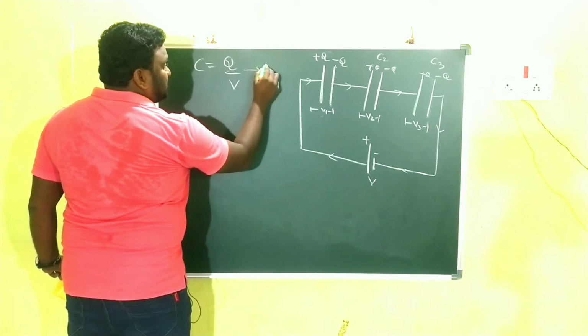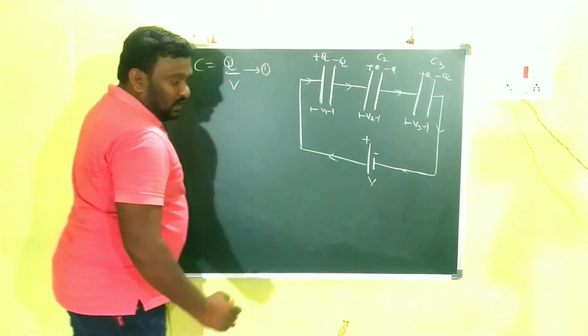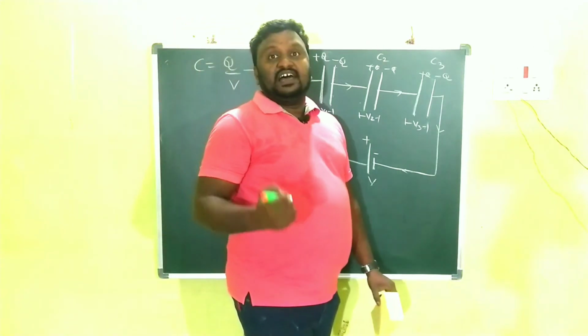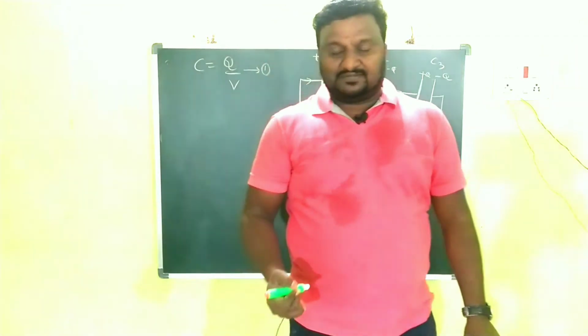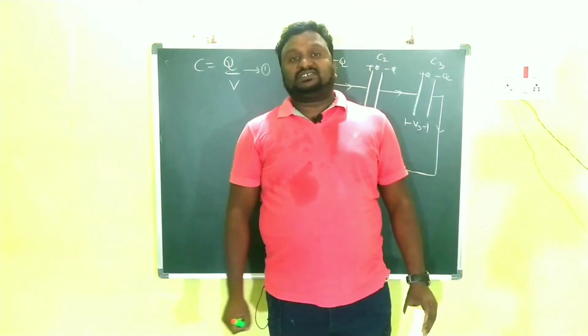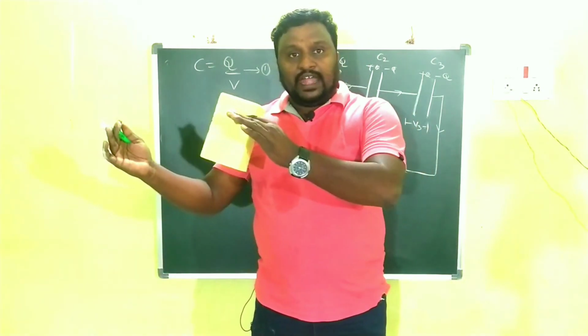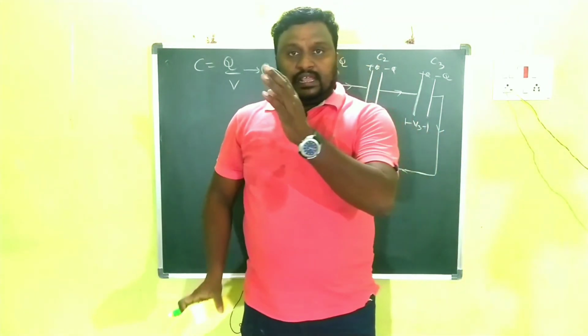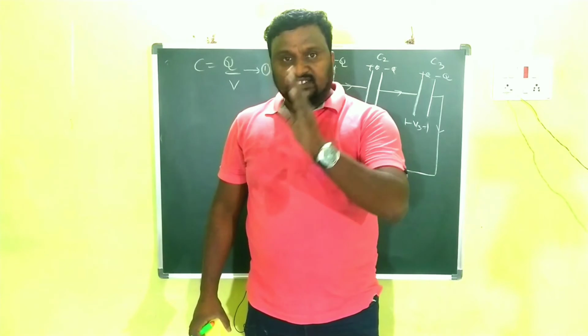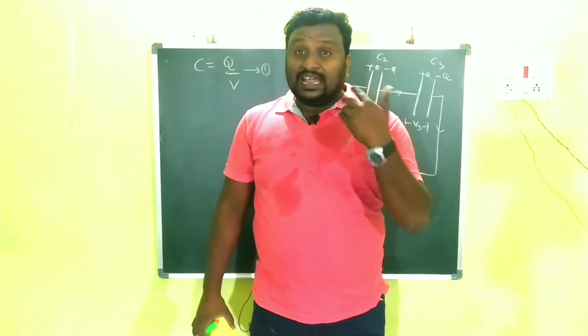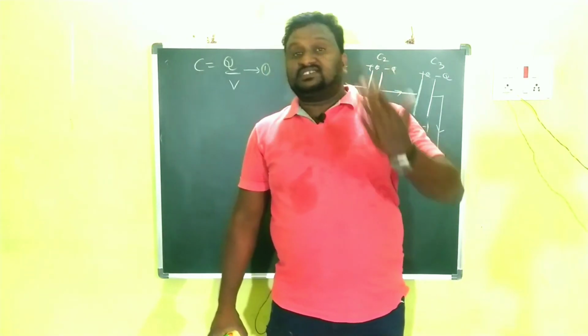So this is equation number 1 I am taking. Here C is the resultant capacitance or equivalent capacitance or net capacitance, after adding all the capacitors we have taken, of capacitance C1, C2, C3. How are they arranged? They are arranged in series.